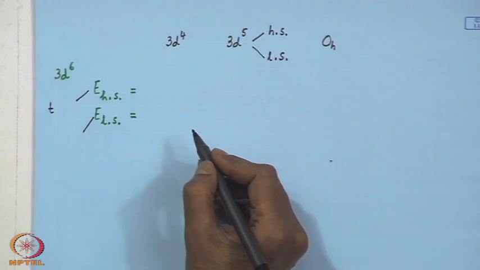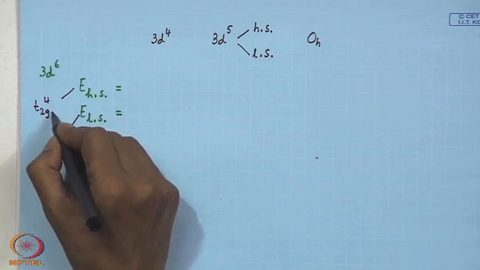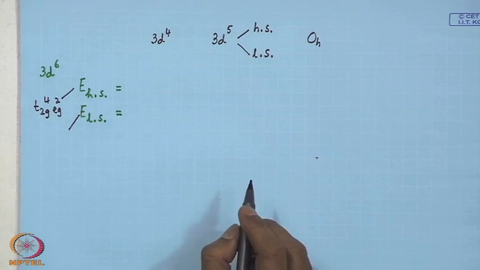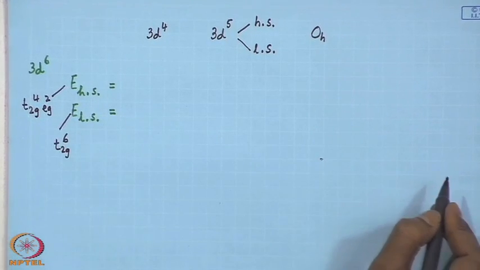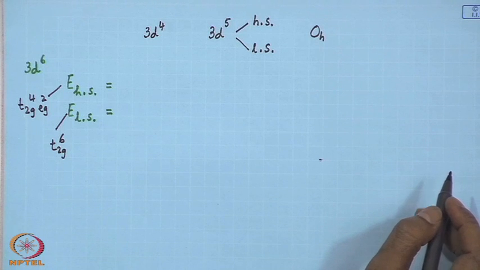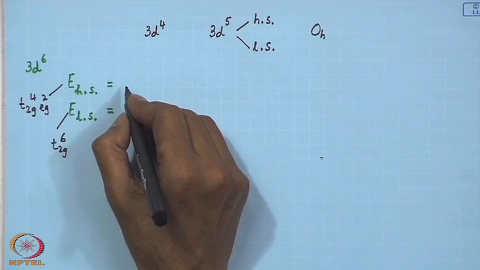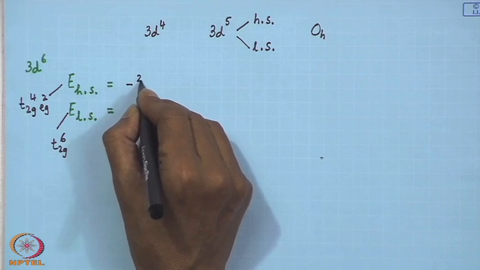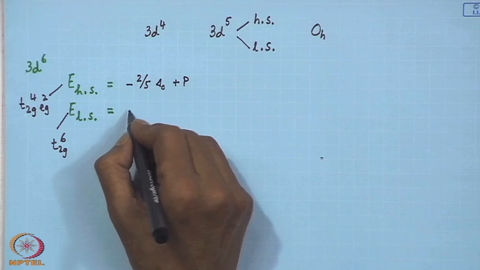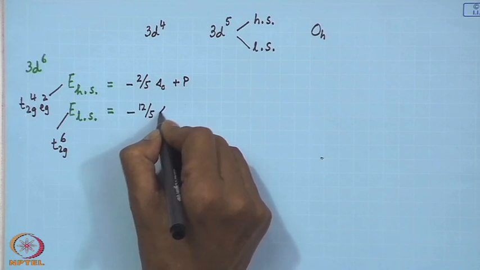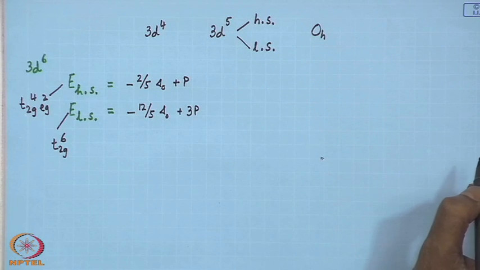One is t2g4 eg2, and in case of the low spin it is t2g6. These two situations can be handled nicely if we determine the corresponding values for the high spin and the low spin configuration. In this case it is 2/5 of delta O plus P, and in this case it is minus 12/5 of delta O plus 3P, because we have 3 electron pairings.